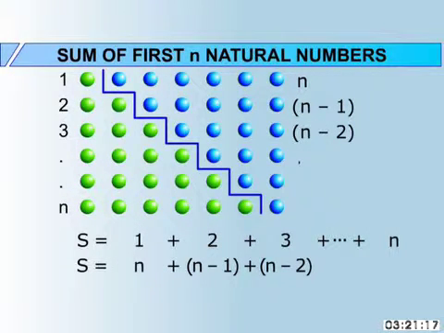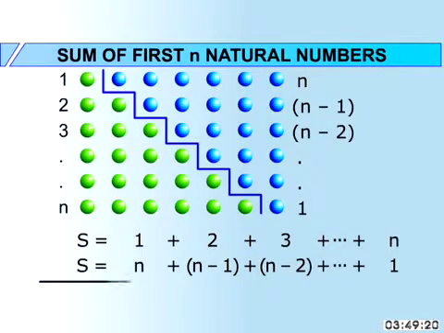Also, number 3 appears n minus 2 times. In the similar manner, natural numbers after 3 appear in the decreasing order of n minus 2.